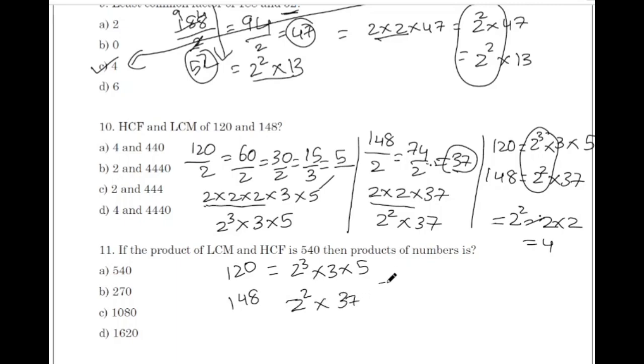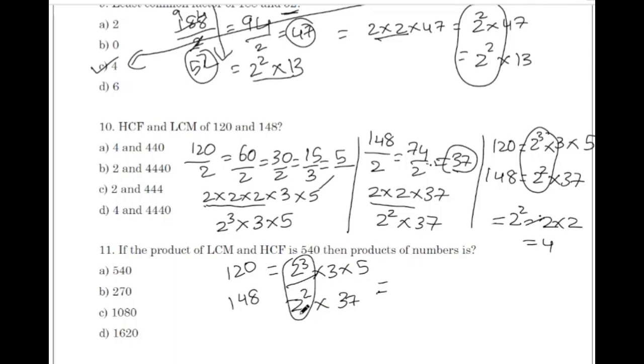Here we're supposed to take all the prime factors. All these are prime factors. But there is a rule, and the rule says that if any prime factor is common, then take only the prime factor whose power is highest. That is for LCM.